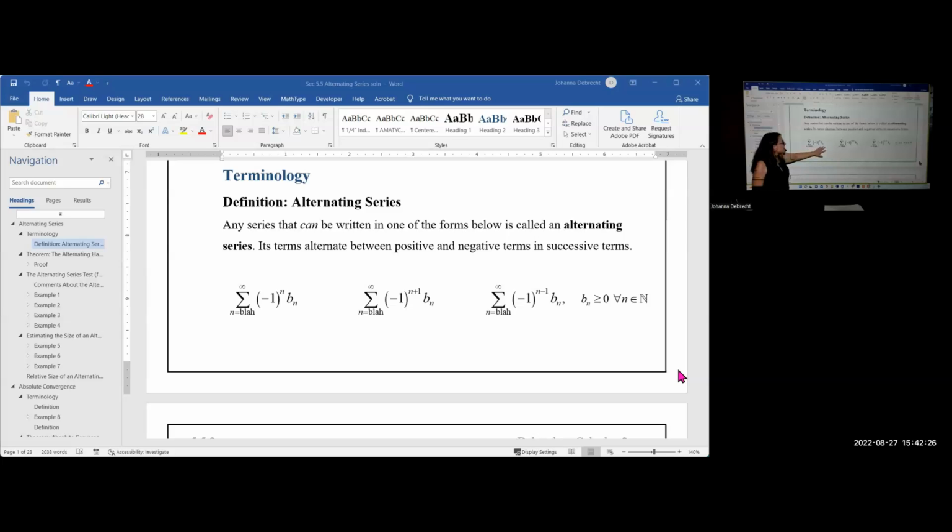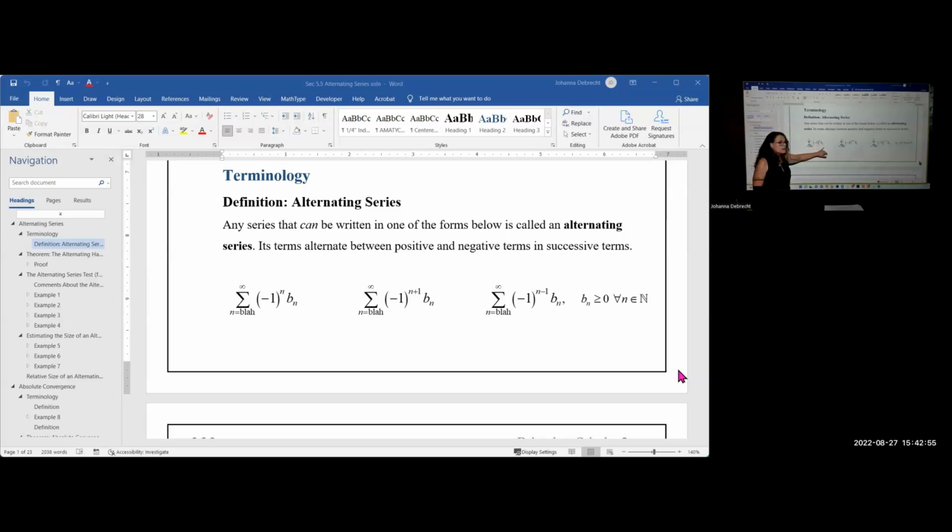In each of these cases, notice that the b sub n, the sequence part, the summand part, is separated from the alternating behavior part. Again, we could achieve the alternating behavior with that cosine function or that sine function, so it doesn't have to be -1 raised to a power. It could be the sine of an odd multiple of pi over 2, or it could be cosine of n pi.